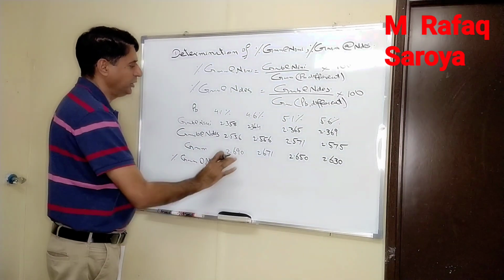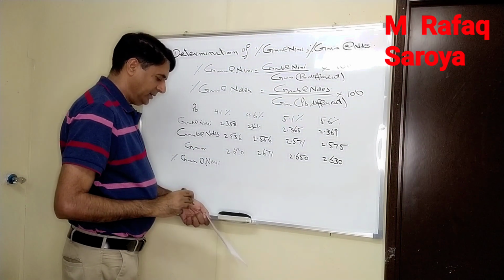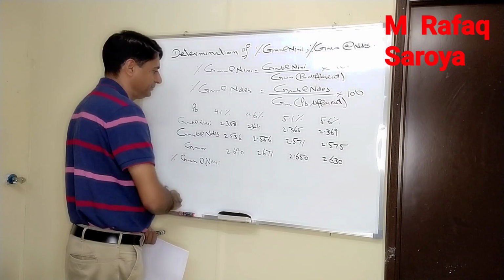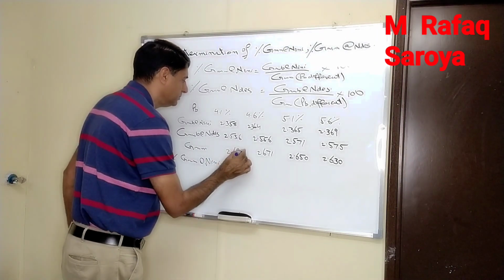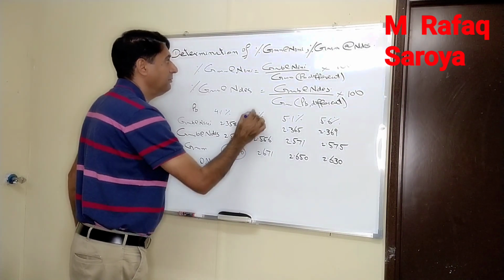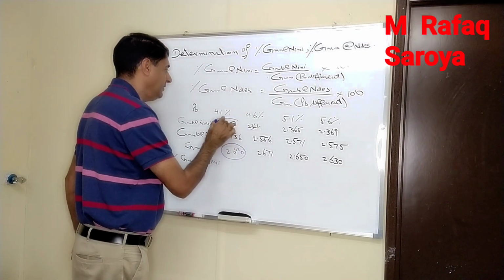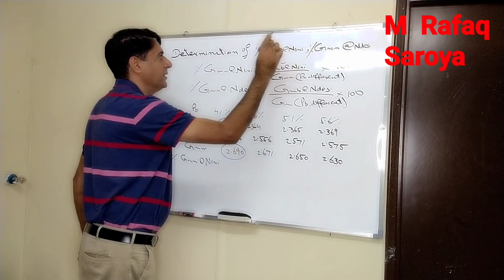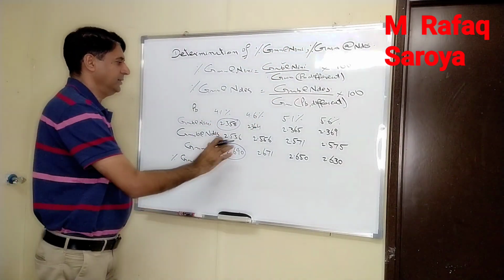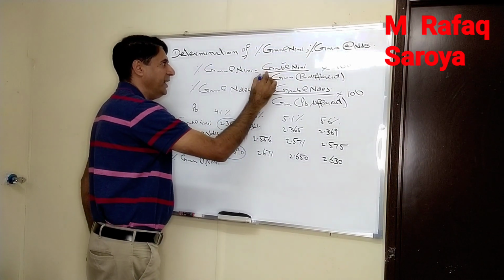As I have already told you, just for your understanding, this value will be placed at this point. Next, this value will be placed at this point. This value at this and this value at this.